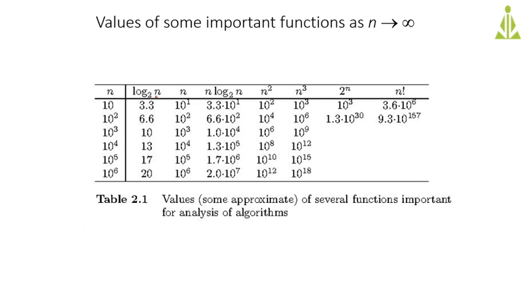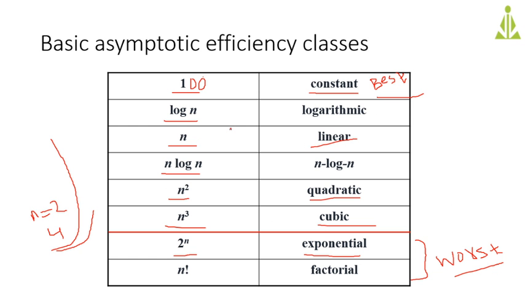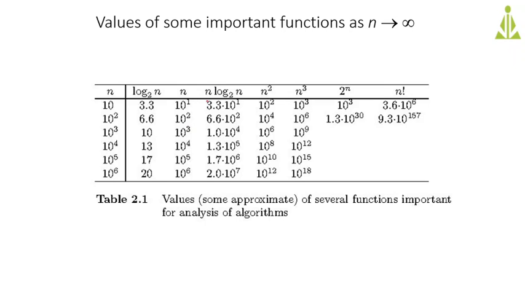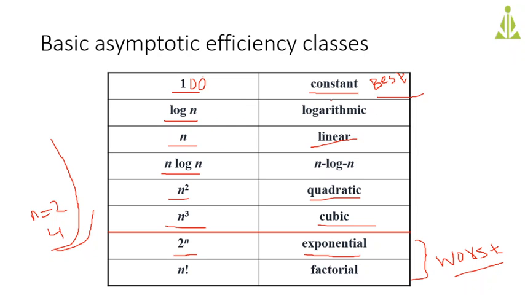So log base 2 n and log n are both the same. n log n gets this value, n square gets 10 to the power of 2, n cube gets 10 to the power of 3, 2 to the power of n is 10 to the power of 3, n factorial is 3, 6, 10 to the power of 6. So these are the simple calculations for the given classes: constant, logarithm, linear, n log n, quadratic, cubic, exponential and factorial.